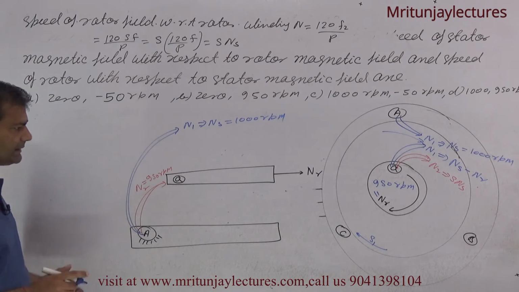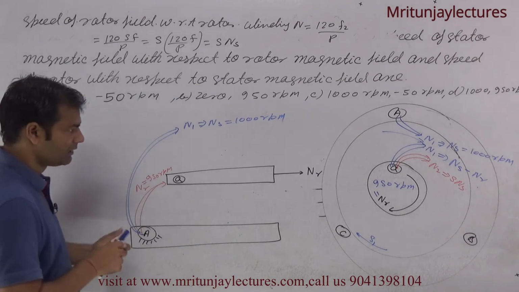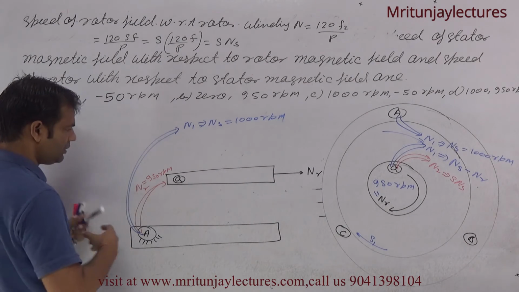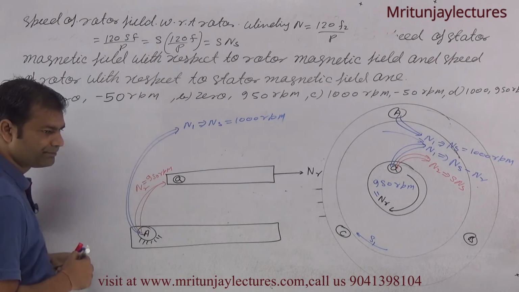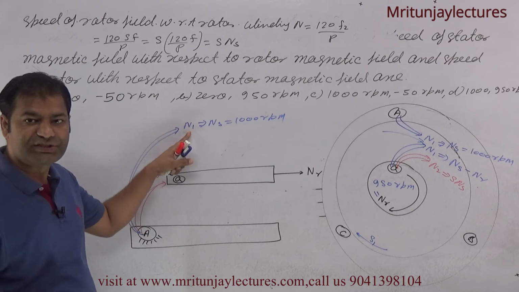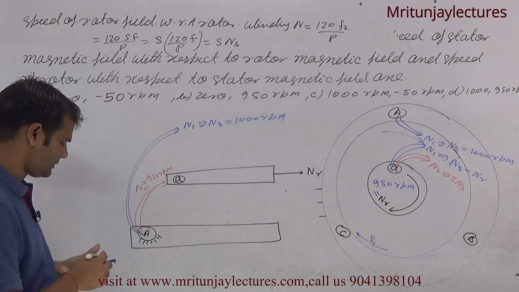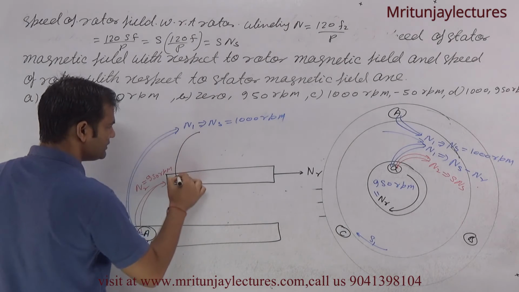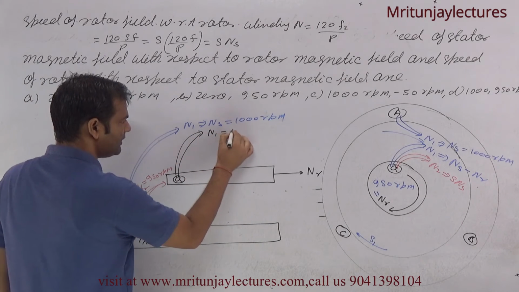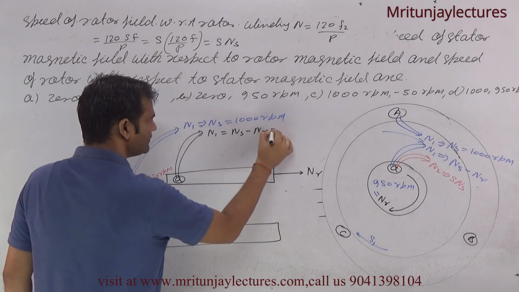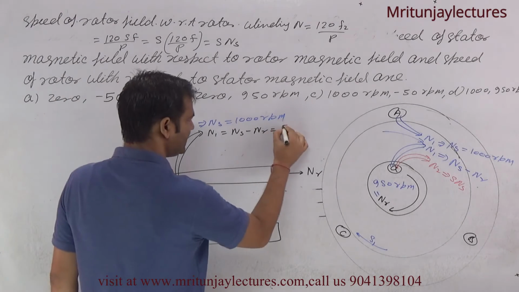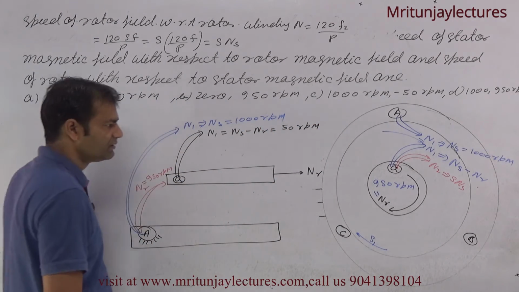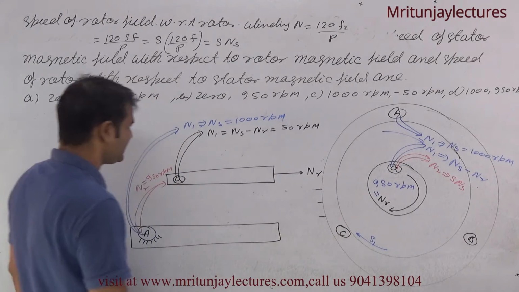Now, is it clear? Another way. If you sit on the rotor and see the stator magnetic field, it looks like NS minus NR, which is equal to 1000 minus 950, that is 50 RPM.